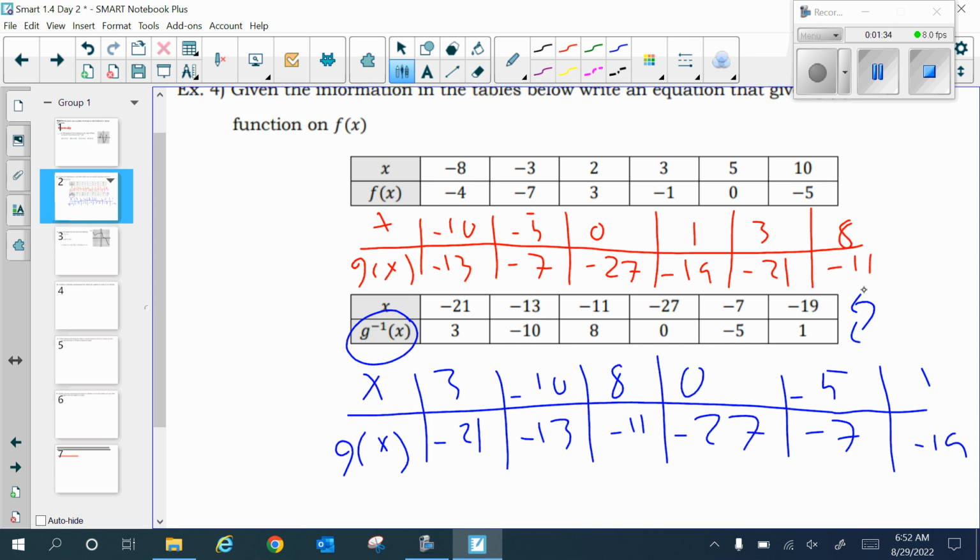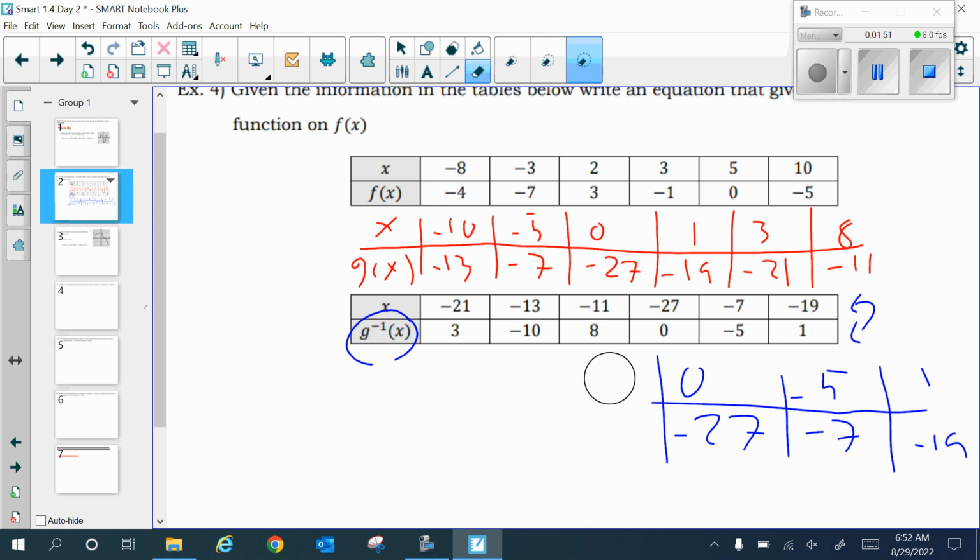So far, all I've done was create my g of x table by flipping my x of g inverse table. Because that's the relationship. You flip the x's and y's, you go between your inverse and your regular g of x function. All right, so this function right here in red is my new x of g of x table.